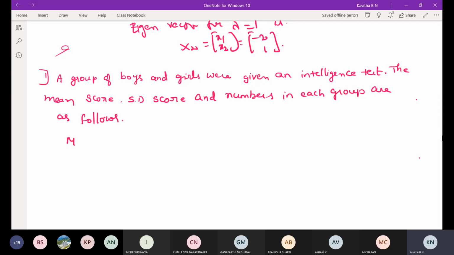The mean, standard deviation, and n for boys and girls.